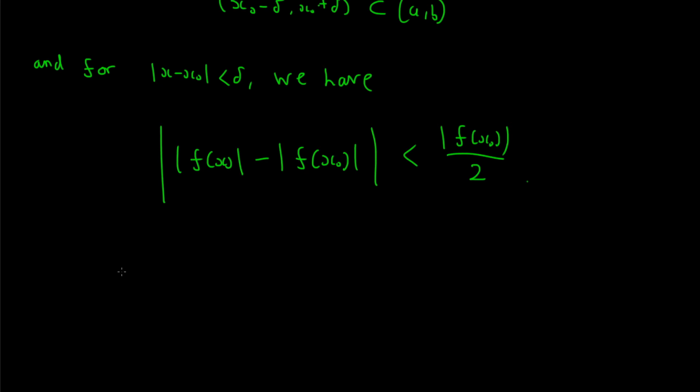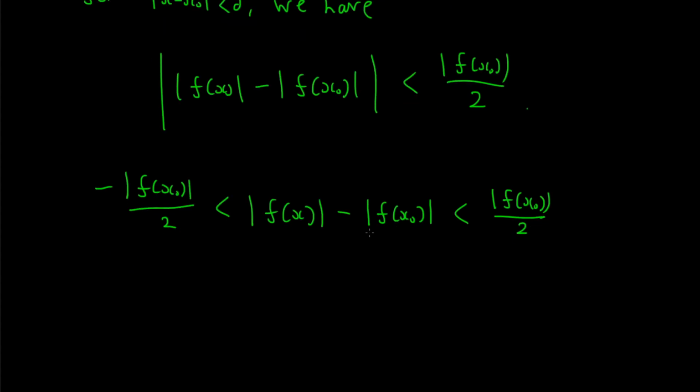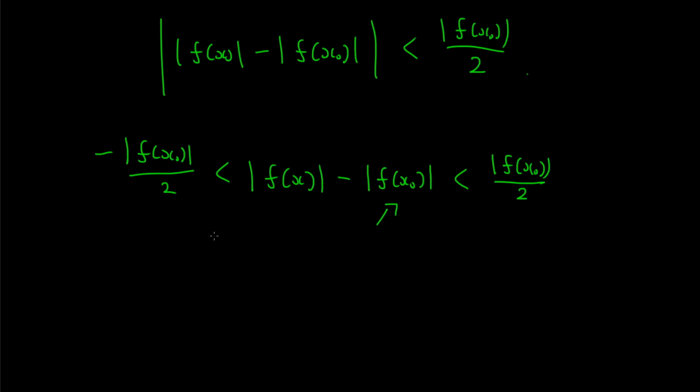Now, if we unwrap this inequality, this is the same thing as this statement here: minus the absolute value of f of x naught over 2 is less than the thing above. And now if we add in this term to every side, and we're mainly interested in the left-hand inequality, so we add on this.